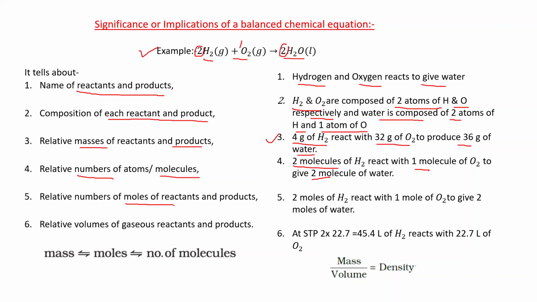The relative number of moles of reactants and products can also be found out with this balanced chemical equation. 2 moles of H2 react with 1 mole of O2 to give 2 moles of water. Relative volumes of gaseous reactants and products. If this reaction is carried out at standard conditions, that is STP, standard temperature and pressure, the temperature is 0 degrees Celsius and the pressure is 1 bar.